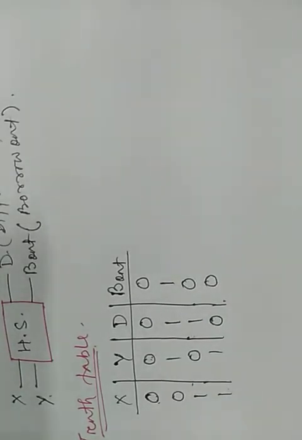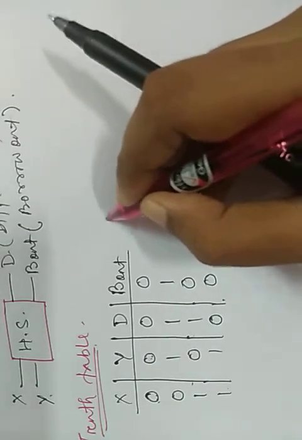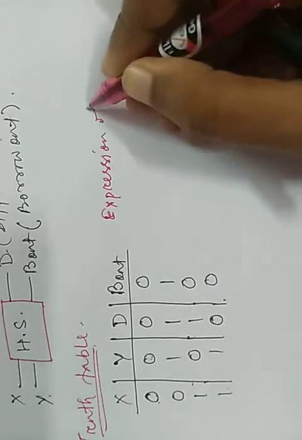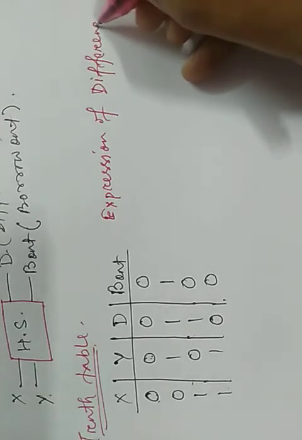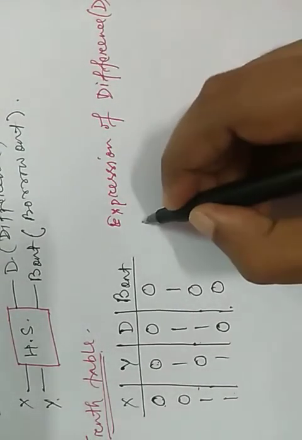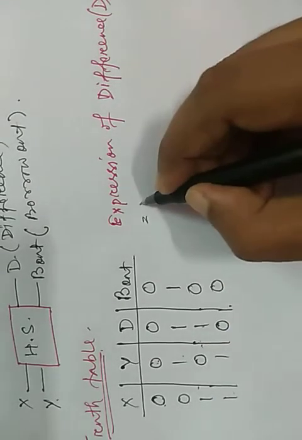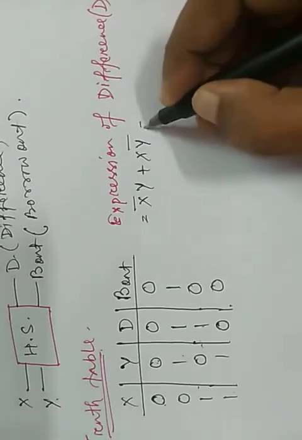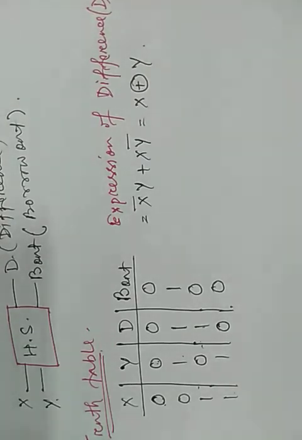Okay. Now I am writing the expression of difference by taking min terms. This one is x bar y plus x y bar, which equals x XOR y.